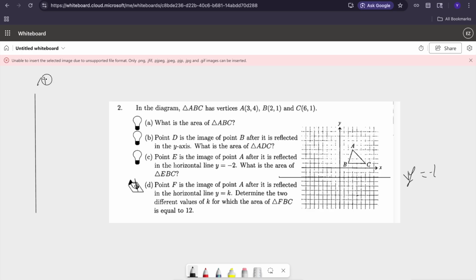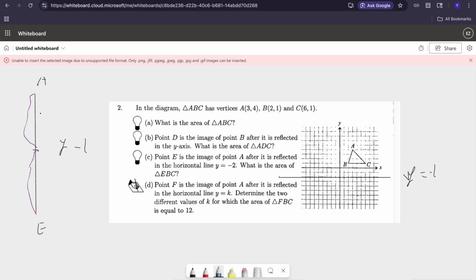This is A, and this is y equal -2, and this is point E. And these two segments have to be the same, since y equal -2 is the reflection line for A. So what we need to do here is find the distance between A and y equal -2, and then times 2 to find the entire length.